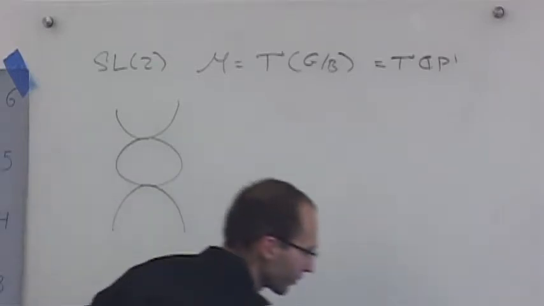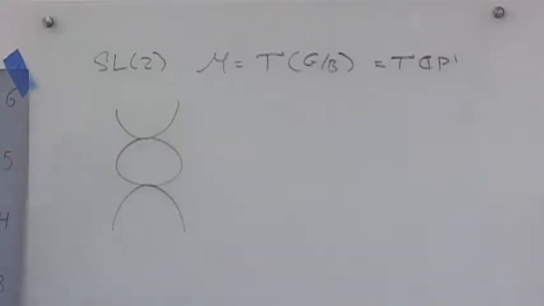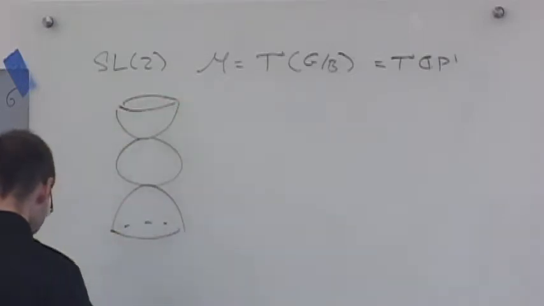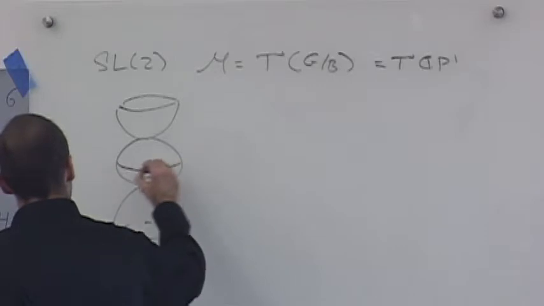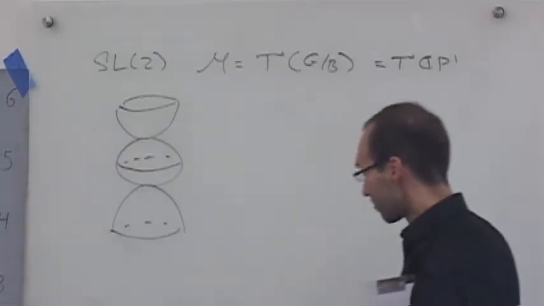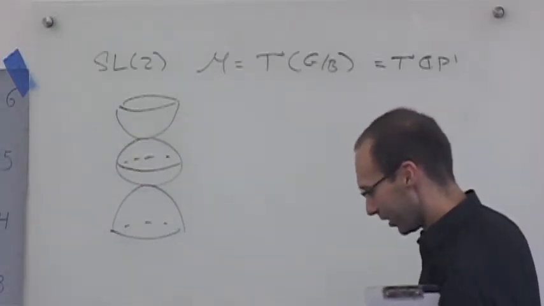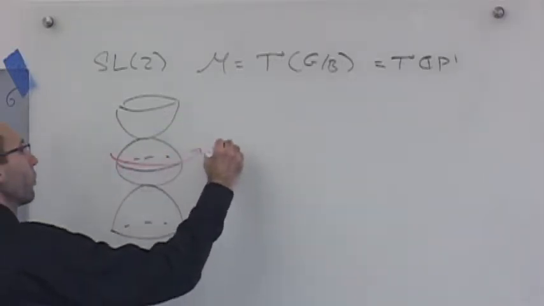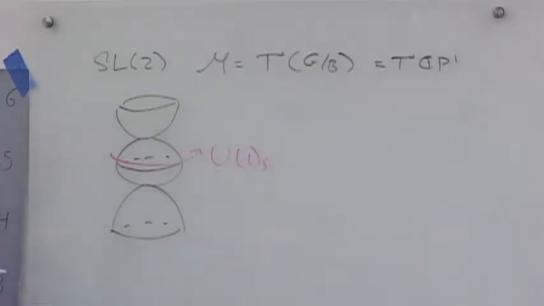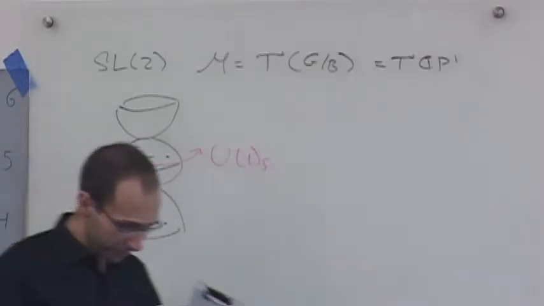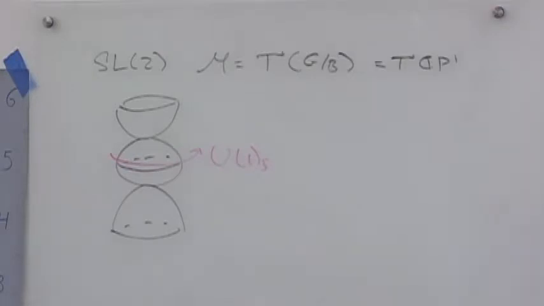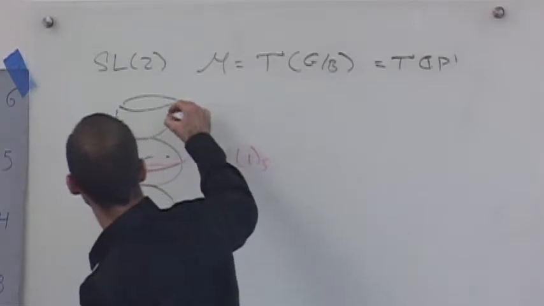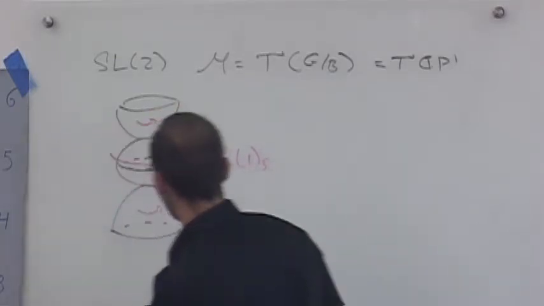So what does this Xi action do? I've drawn the base, that's the sphere. U1c rotates the base and gives it a distinguished north and south pole. And then I've drawn the fiber at the north pole and the fiber at the south pole. And U1c also rotates the fibers.